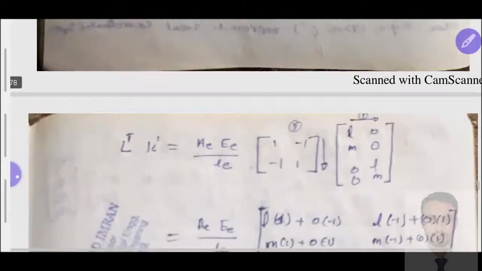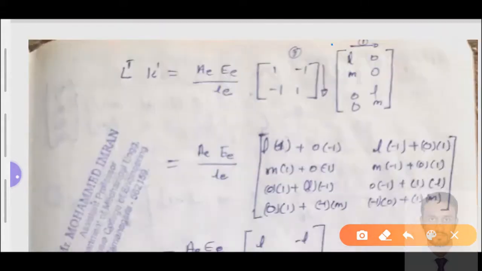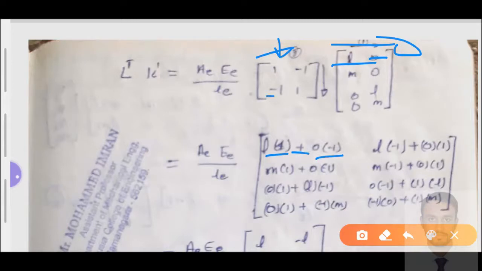So we need to take this row and this column for the multiplication. This will come first, the L transpose matrix, and then K will come, then L will come. Based on the order only we need to multiply. Row wise, first row with first column: L into 1 plus 0 into minus 1.